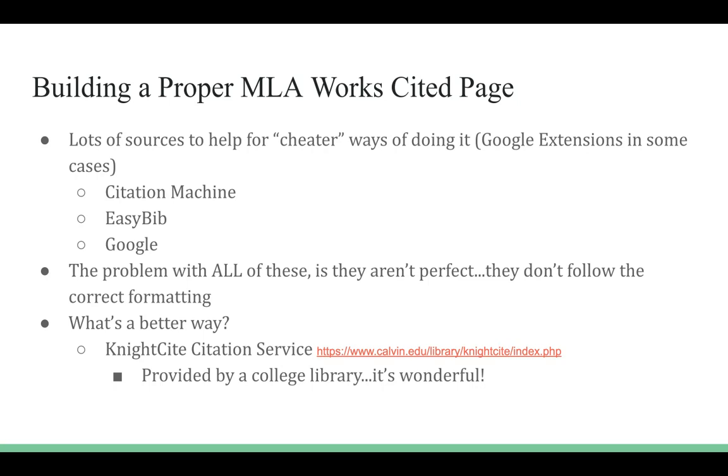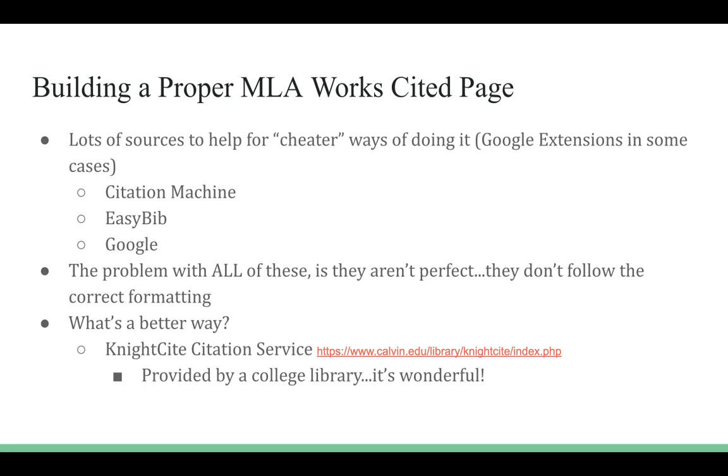Every single time I have used one of those, the citation has come out wrong in some way, shape, or form. So if you want to have good formatting, if you don't want to have your professors come back and give you poor scores because you didn't cite things correctly, the website that I would recommend for you is called NightCite Citation Service, and I give you the link for it here.